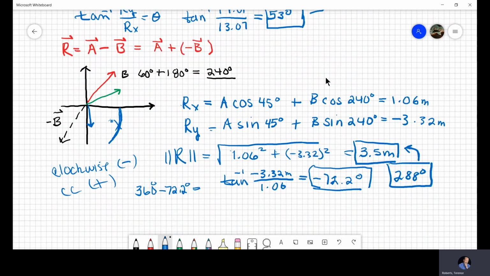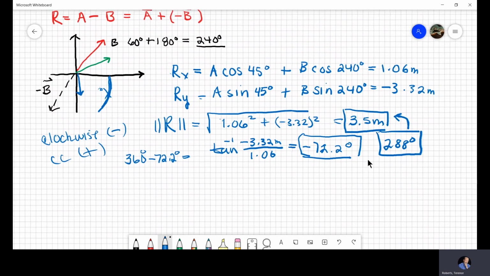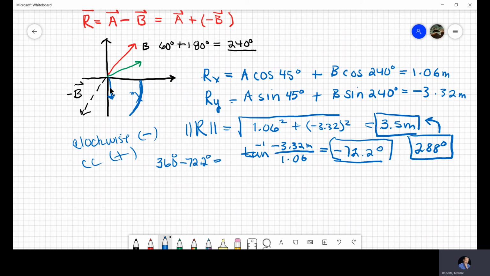And then when we subtract them, we have a magnitude of 3.5 meters and an angle of 288 degrees, which makes sense because you have 0, 90, 180, 270. This is 288, so it's a little bit to the right of the negative y-axis.